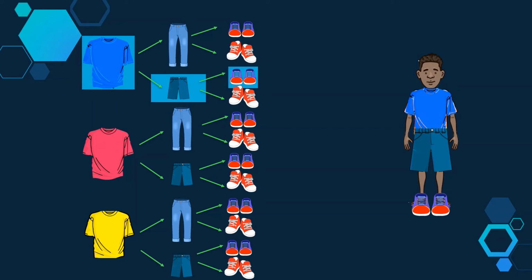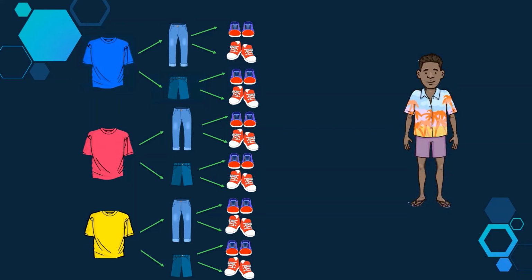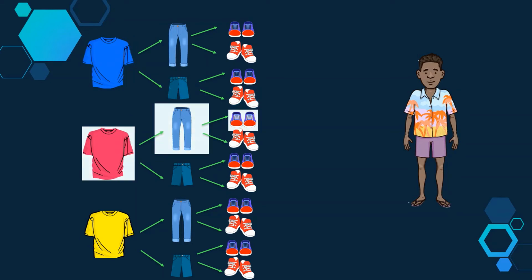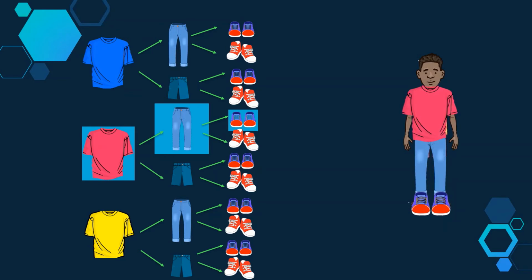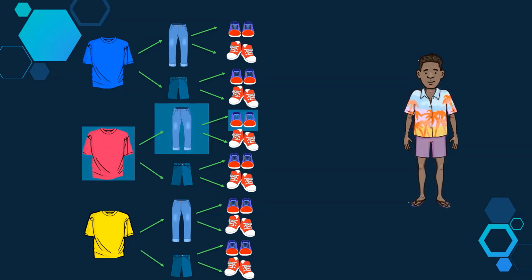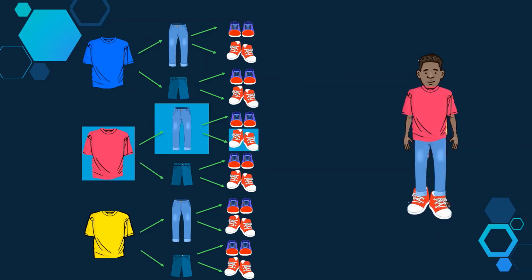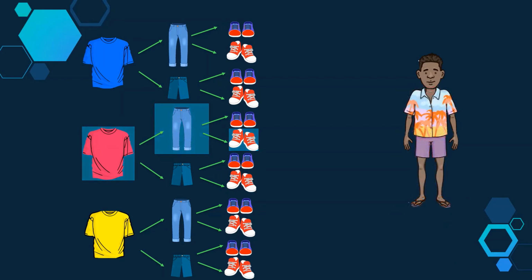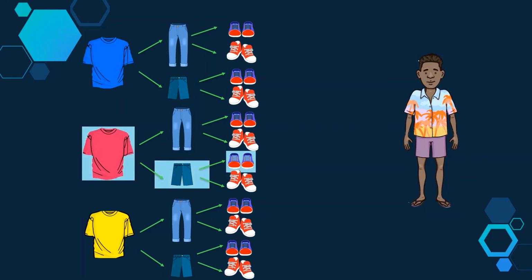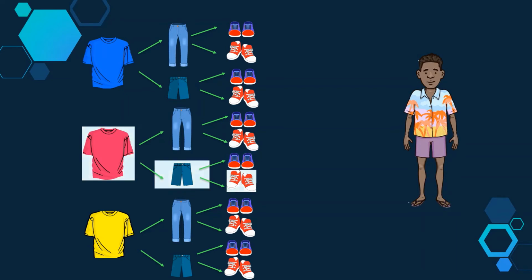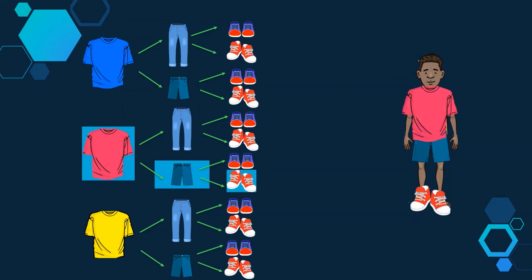Then third outcome, fourth outcome, and then next on the red shirt, we have the fifth outcome. And this is the sixth outcome. Seventh outcome. And eighth outcome.